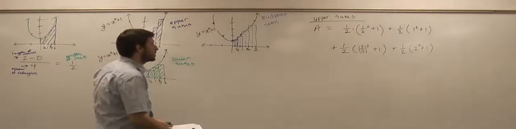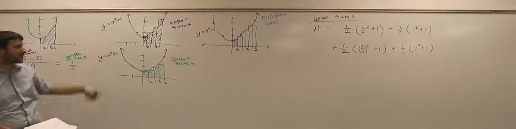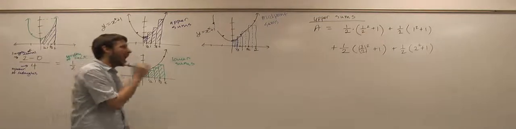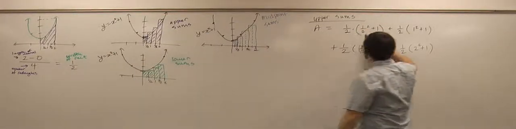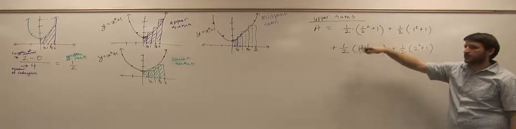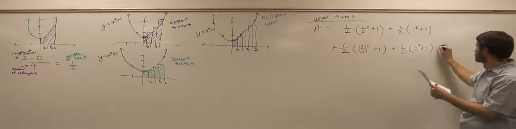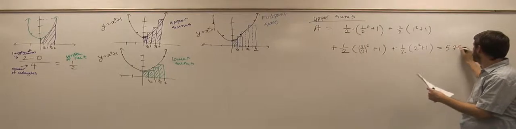I wouldn't waste a whole bunch of time. I would put this in a calculator. If you're supposed to estimate the area, I would put this in a calculator. This will be 0.25 plus 1 and then multiply by 0.5 and just add it all up. You should try it and see if you get 5.75.